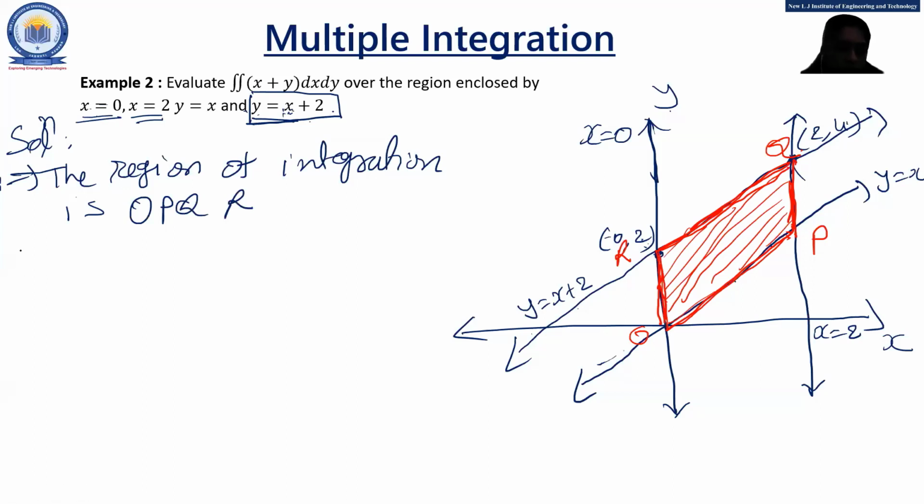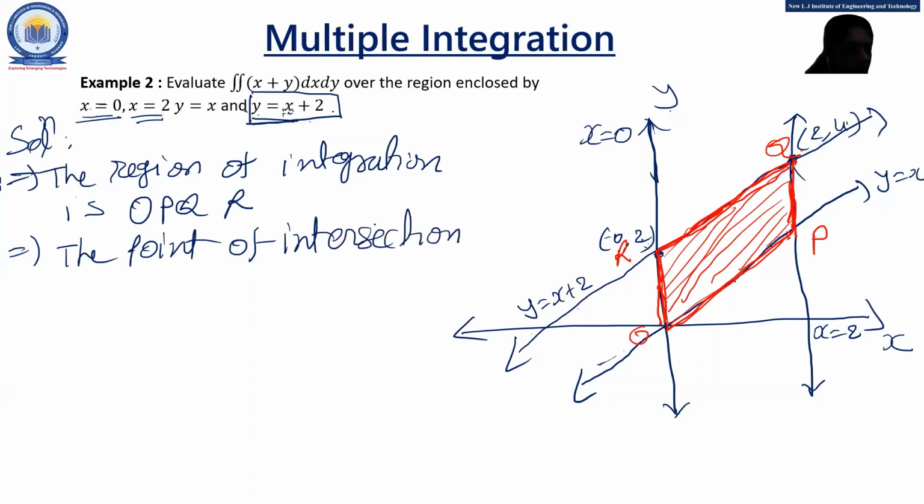Number 2, the point of intersection, that is for x equal to 2 and y equal to x plus 2.